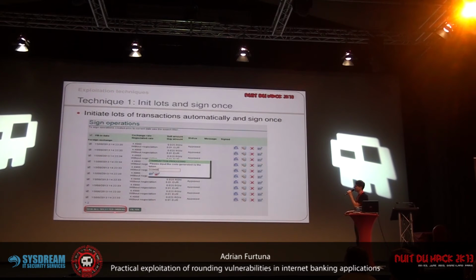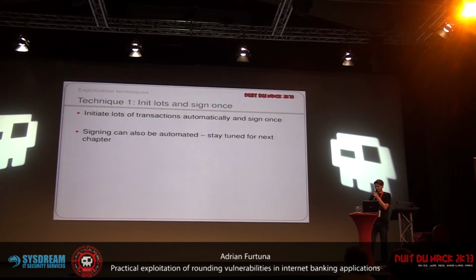And you have this button here, sign all selected orders. You see? So you initiate as much as you can and you sign all of them. This is a way to do lots of transactions in a short time. But this signing can also be automated. Stay tuned for the next chapter.